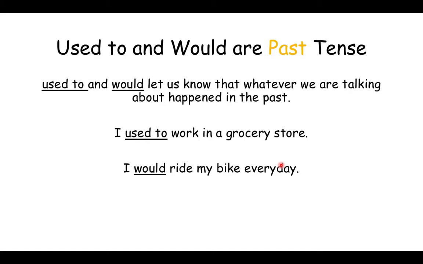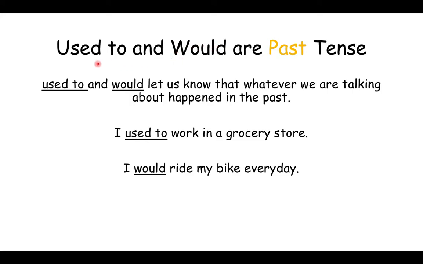So used to and would are past tense. So they're telling us when you use them to talk about the past, that's what they're for. Would can be used in other types of sentences to talk about different things, but we're going to talk about that later.